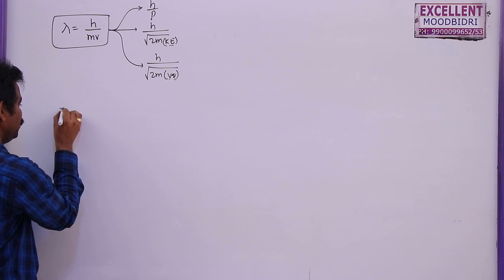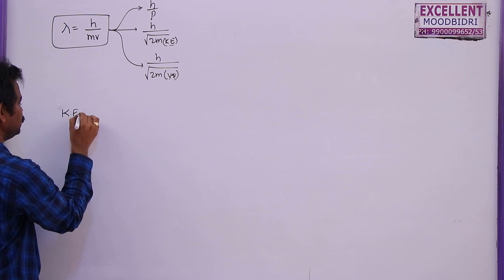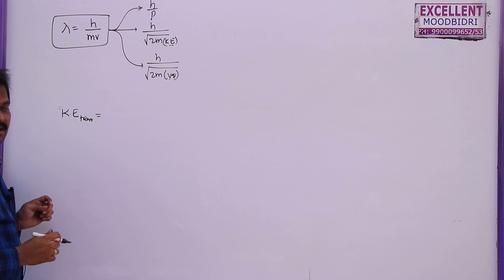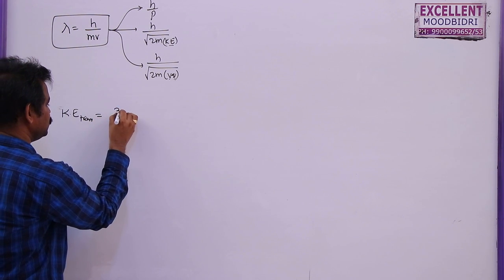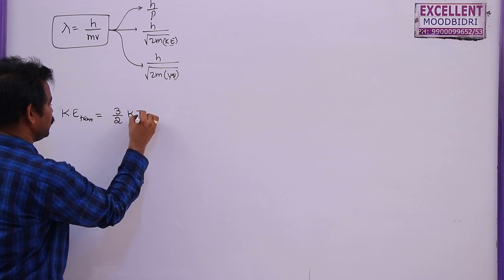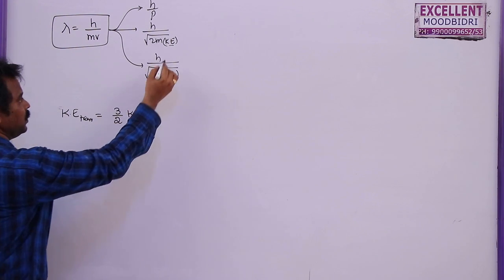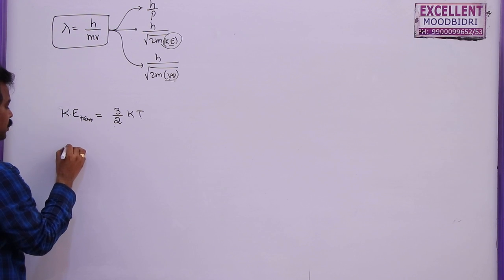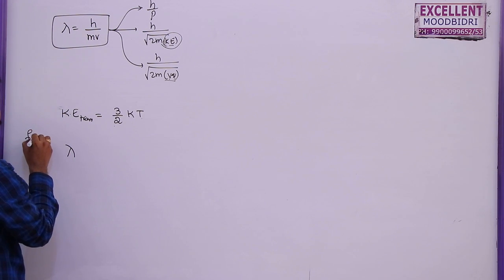Then we have the translatory kinetic energy in translatory motion that we studied in kinetic theory of gases in first PUC, which is equal to 3 by 2 kT. Now, in place of KE, instead of Vq, we can write this formula also. So what is the de Broglie wavelength for a neutron?